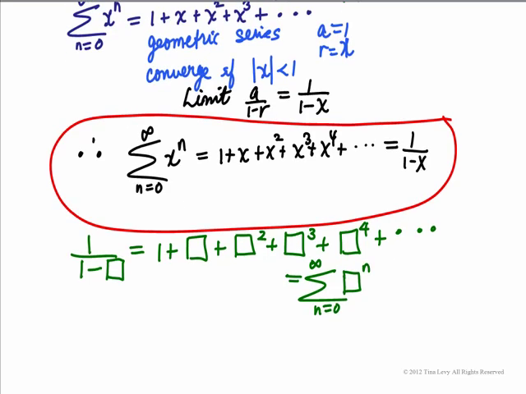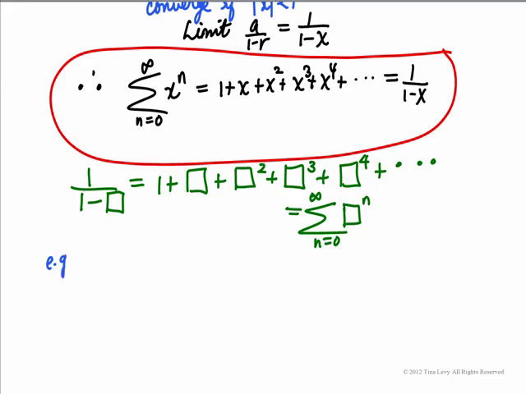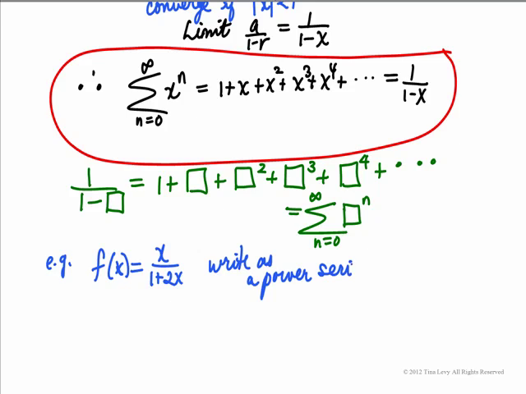Given this, for example, say the function f of x is x over 1 plus 2x. I want you to write it as a power series. So I want the power series representation for this function.